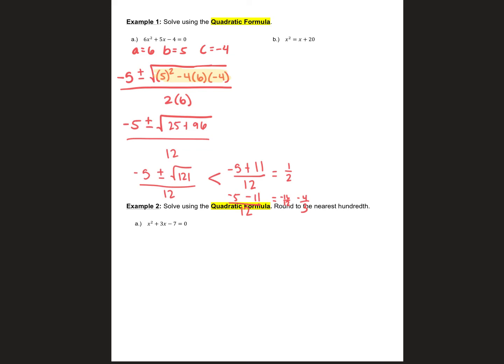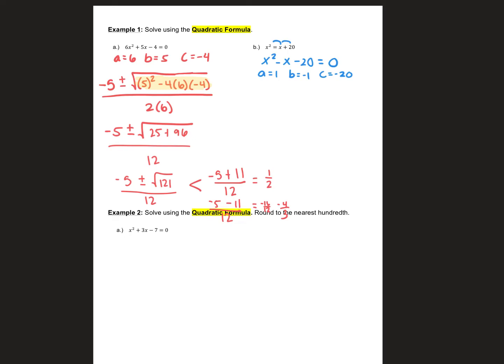So in example 1b, we are going to move the x and the 20 to the left so that we can put this into standard form. So x will become negative x and 20 will become negative 20. Now we're in standard form and we can put our a as 1, our b is negative 1, and our c is negative 20. So we start plugging into the formula.